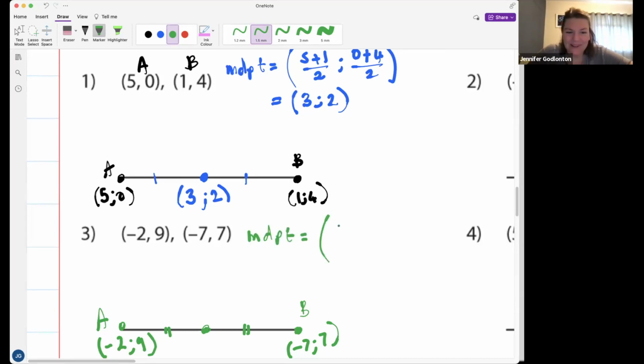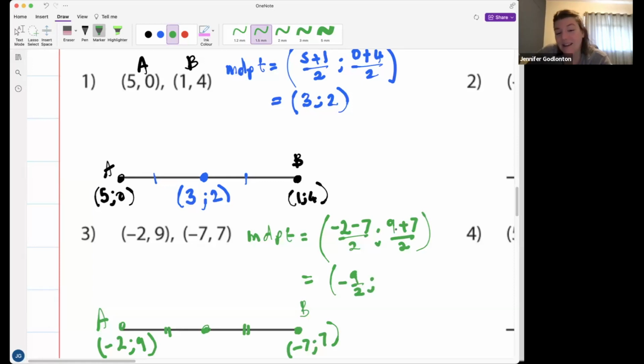Midpoint equals -2 minus 7 over 2 and 9 plus 7 over 2, which is going to give us -9 over 2, and 9 plus 7 is 16. 16 over 2 is 8.